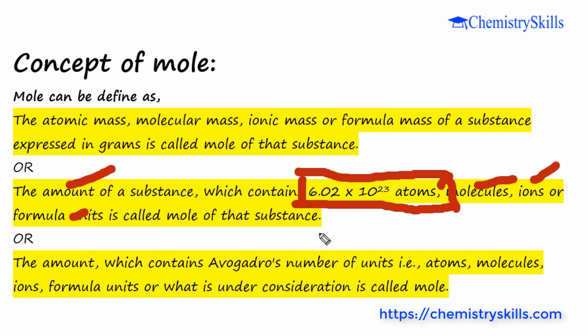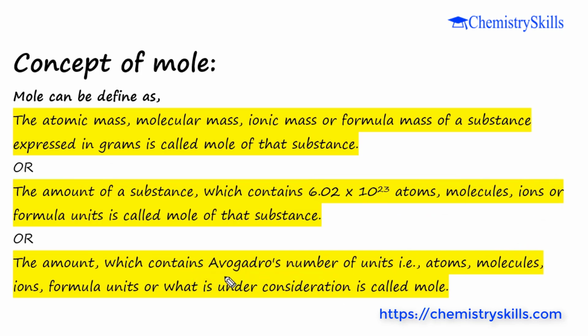In terms of ions, 6.02 × 10^23 ions. And in terms of formula units for ionic compounds, it will be 6.02 × 10^23 formula units. That is called the mole of that substance, and this quantity is actually equal to Avogadro's number.